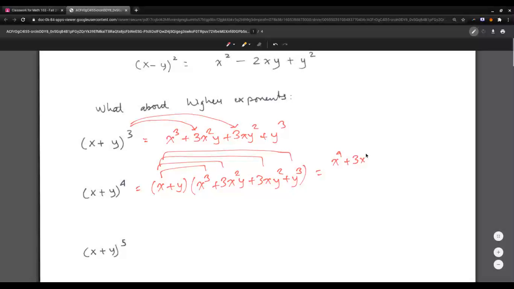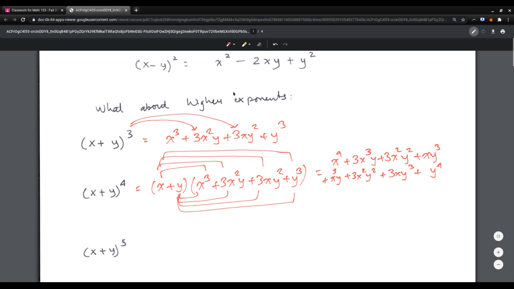Then I have 3x cubed y, and 3x squared y squared, and x y cubed. Now I distribute the y terms, and that's going to give me 4 different things. I have x cubed y, and then 3x squared y squared, then 3xy cubed, and y to the 4.